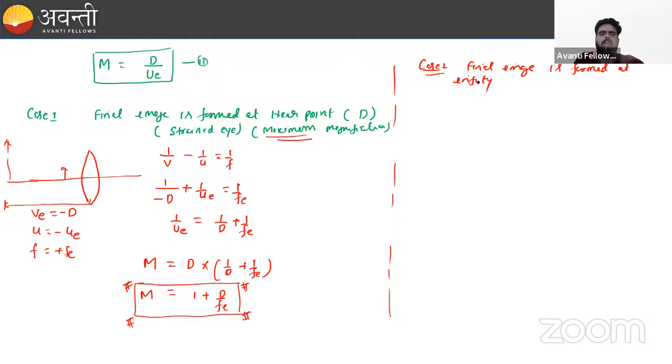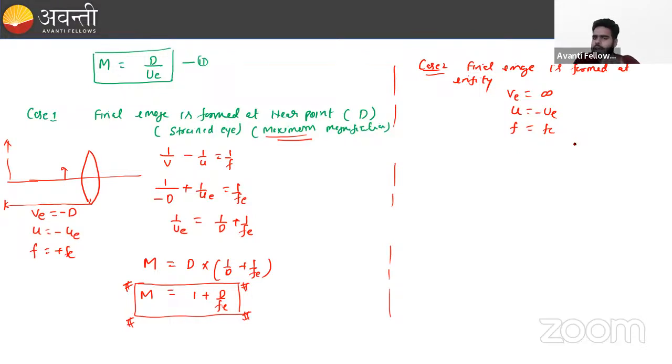In this case the object is placed at the first focus, so that the final image is formed at infinity, that is V equal to infinity, U equal to minus UE, and this is a convex lens, so the focal length will be plus FE.